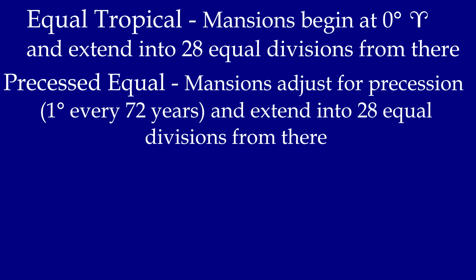And so it says that instead of beginning at 0 degrees Aries, we begin now at 24 and some odd minutes of Aries. So now the first lunar mansion begins at 24 degrees Aries and not 0 degrees Aries, and they're all equal, 12 degrees, 51 minutes, 26 seconds from there. And that tends to be more popular as we move into Renaissance era works into the modern day. You'll have people arguing for it then.